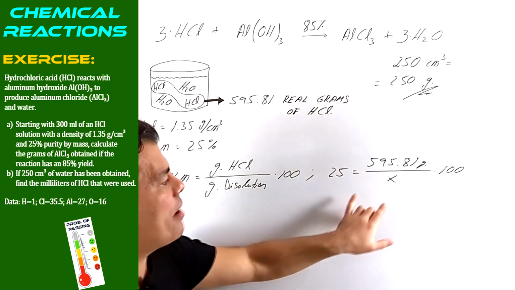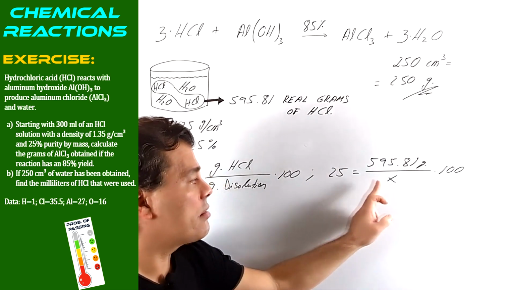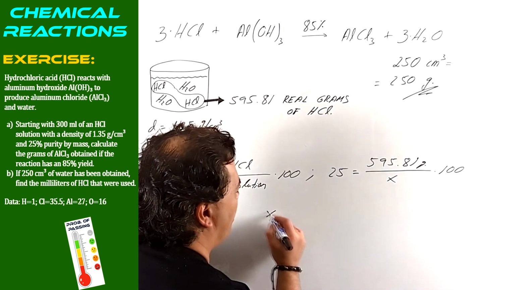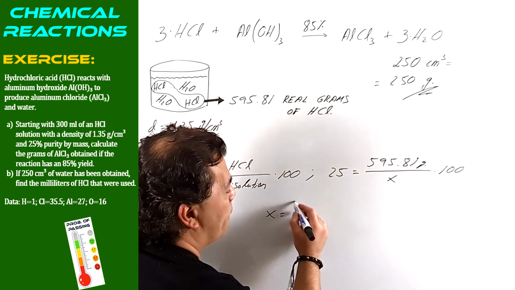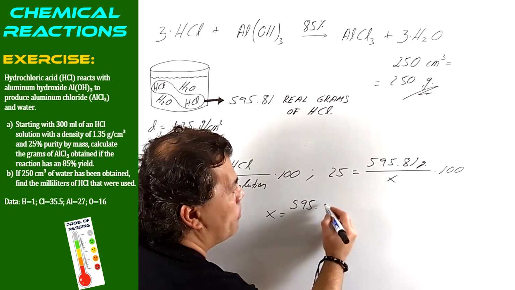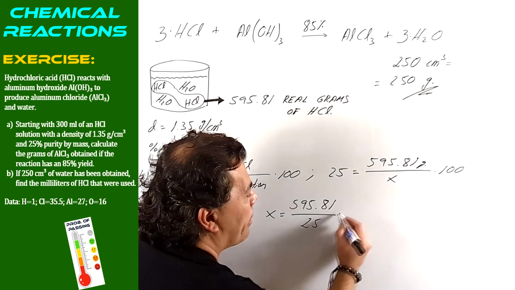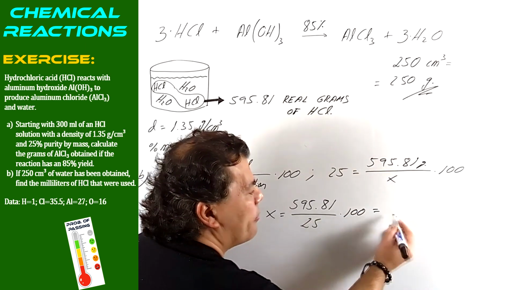And now it's time to solve for x. X comes here, the 25 goes there, and we have x equals 595.81 divided by 25 and also multiplied by 100.